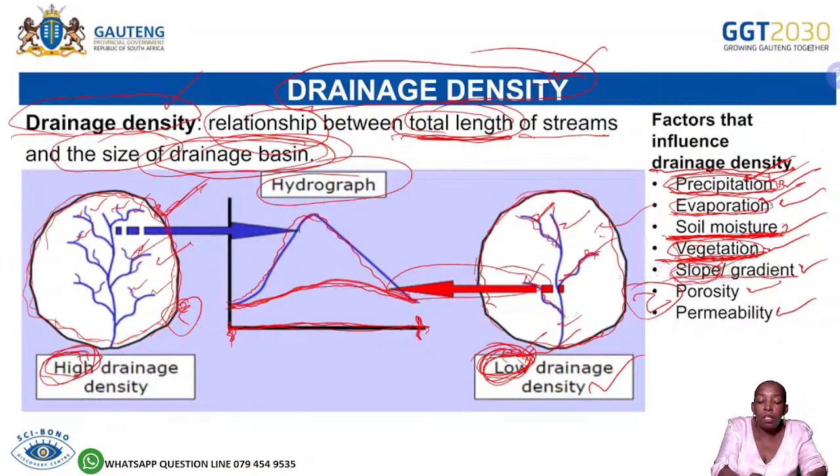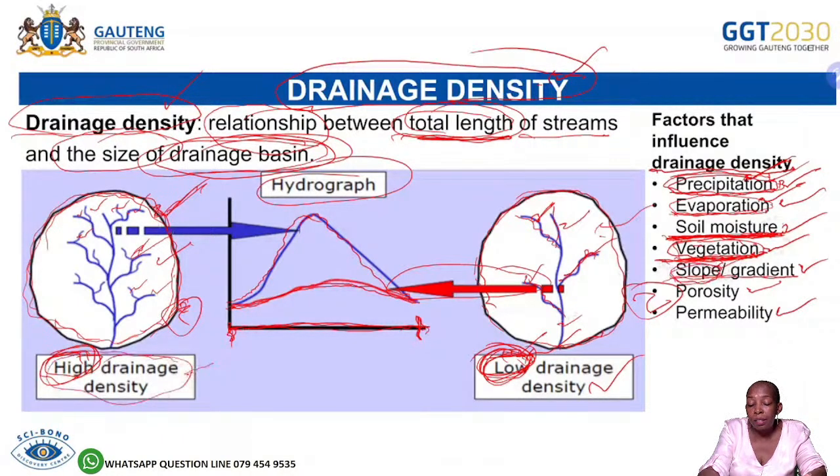But in areas where the slope is gentle, more of the water will not be freely flowing, but will infiltrate the ground surface, meaning that there is less surface water.